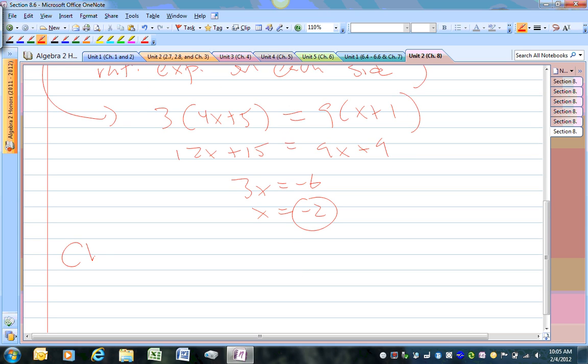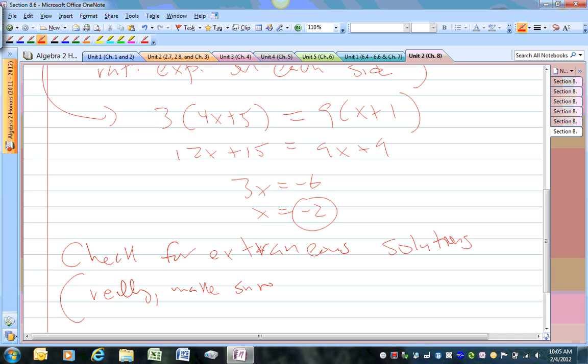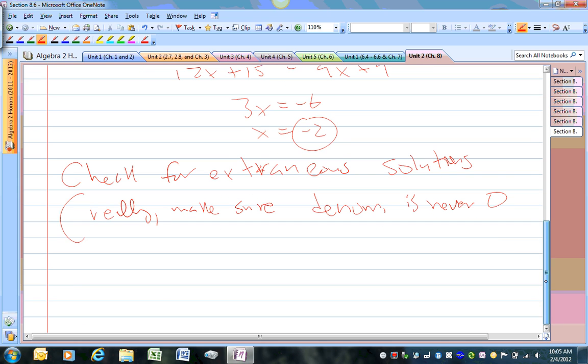Now you do have to check for extraneous solutions. But really what you're looking for, make sure the denominator is never 0 in the original equation.